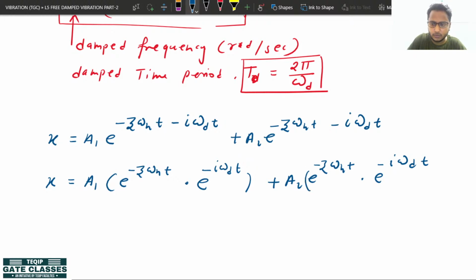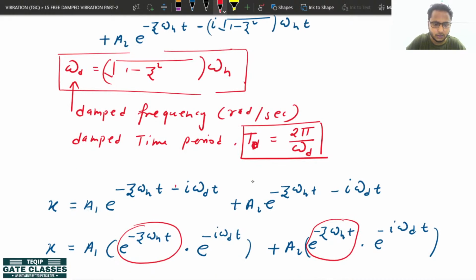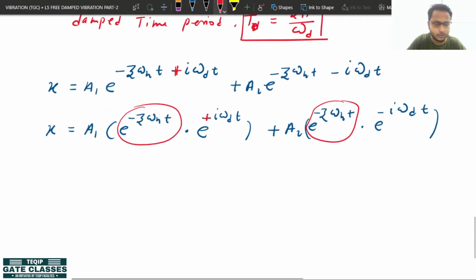So we have it in the form of a product of these exponential terms, and now we can see that there are two terms which are the same. Can we take this common out of it? Is this a minus value or a positive value? This is a positive value, right?